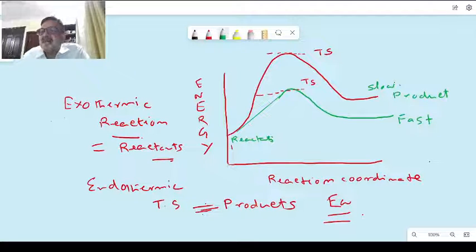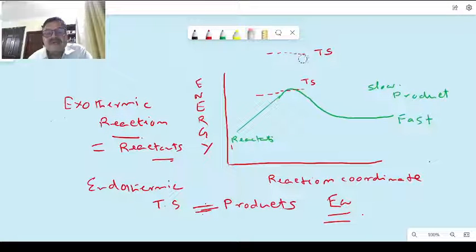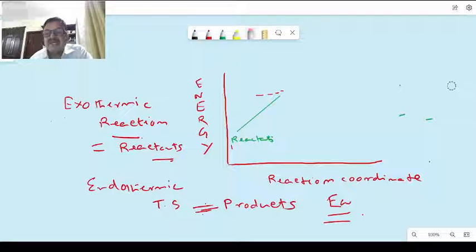So how will you represent that diagrammatically here? I've changed these curves here. In the case of an exothermic reaction, the reactants will remain the same here.